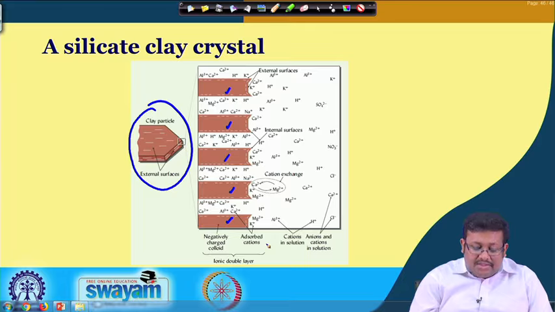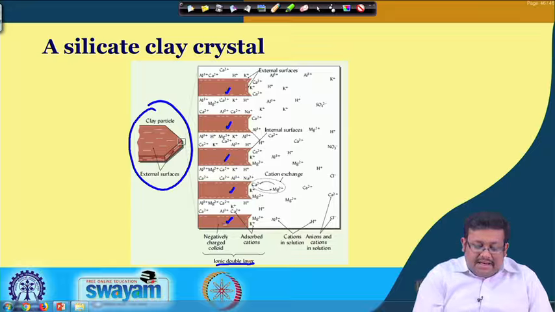basically produce ionic double layers, and how? Because these individual unit cells develop a high amount of negative charge at their surface. We will discuss how later on, and as a result of the development of negative charge at their surface, all the different types of cations are adsorbed at their surface, and as a result they form an ionic double layer.